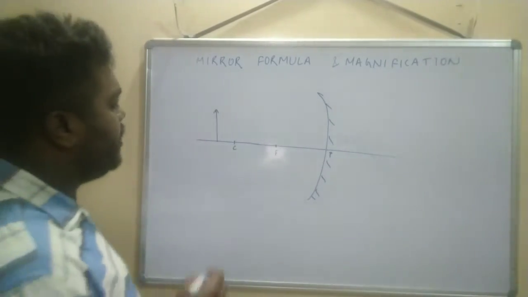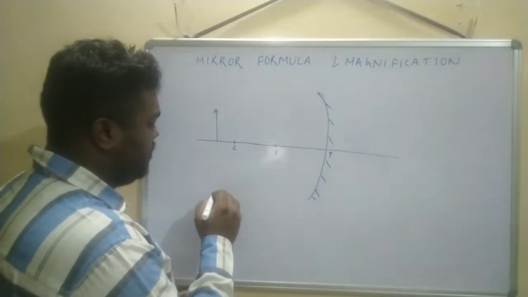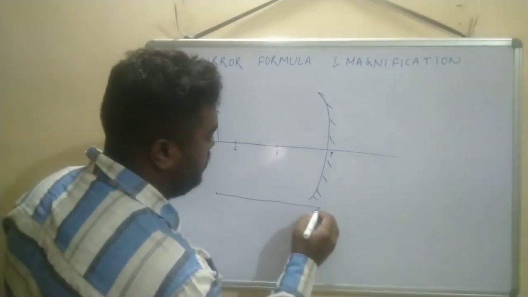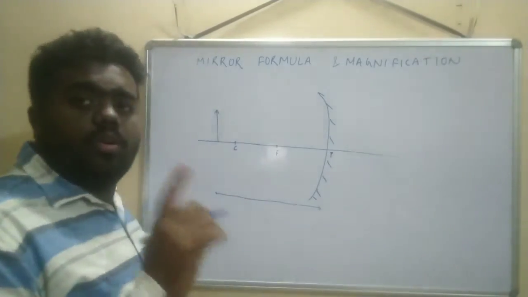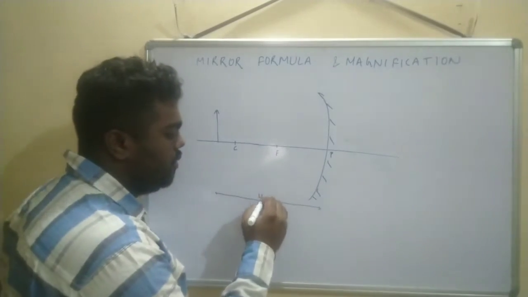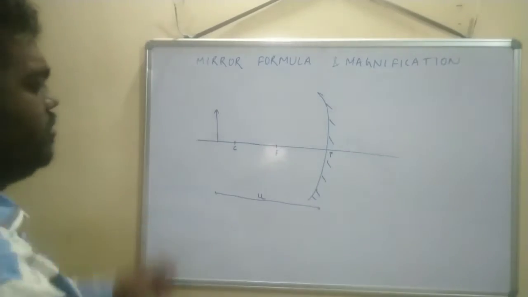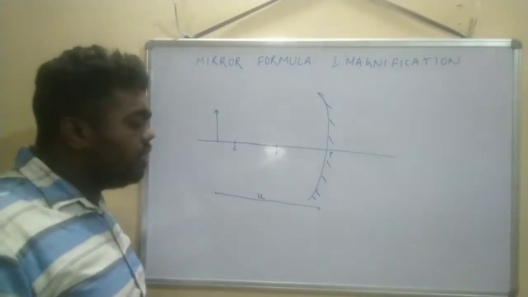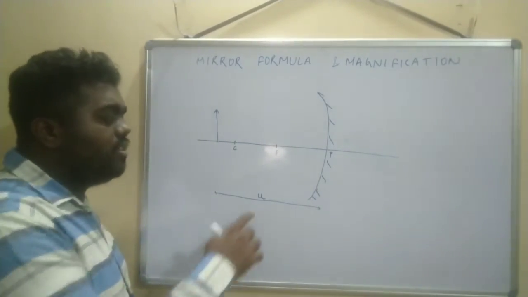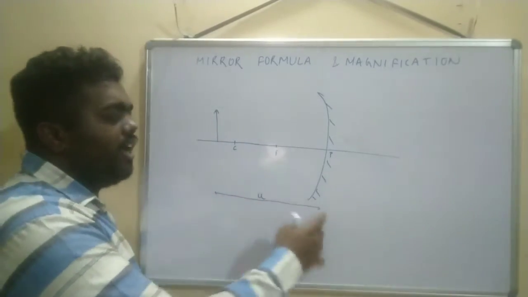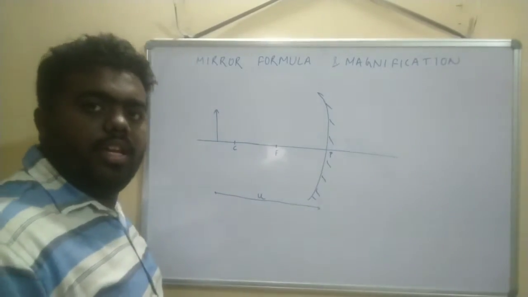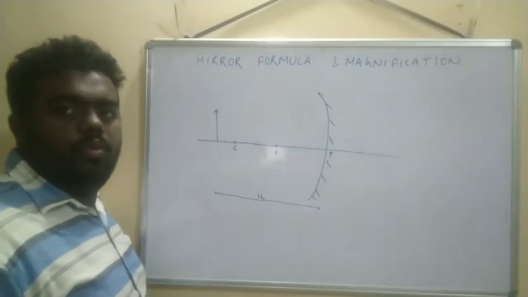Now the distance between this object and the pole is denoted by small u. Remember this thing, this line can be a bit straight, no problem. The distance between the object and the pole is u.